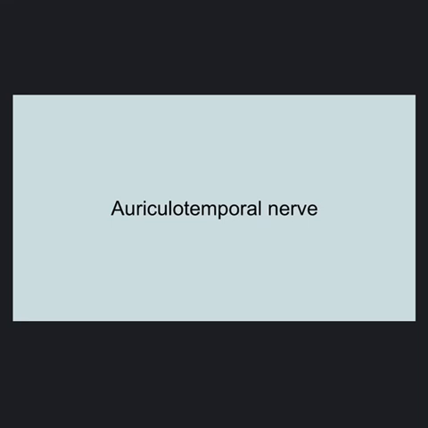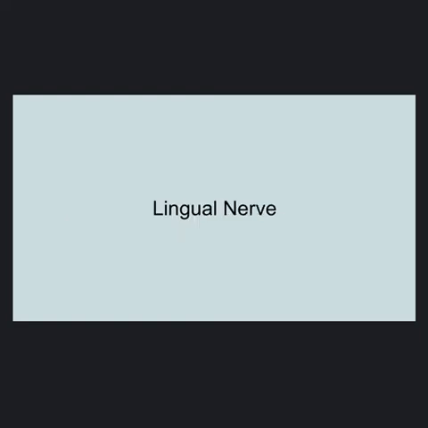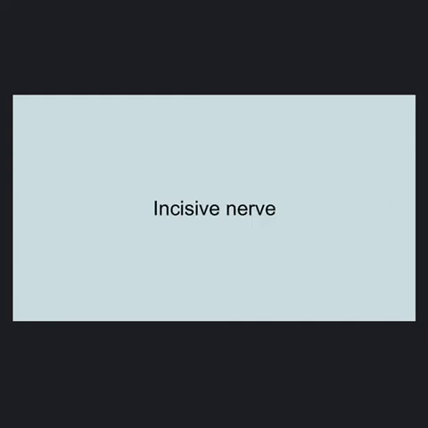That is the auriculotemporal nerve. This carries sensation for the body of the tongue, the floor of the mouth, and the lingual gingiva of the mandibular teeth. That is the lingual nerve. Again, tongue should have given that away. This carries sensation from pulp tissue of anterior and premolar teeth. That is the incisive nerve.